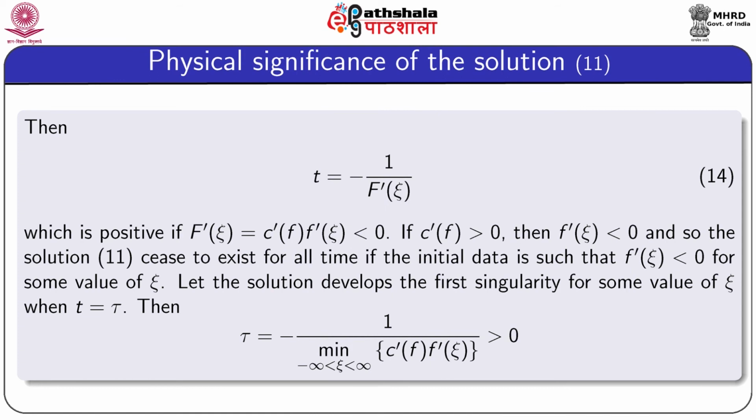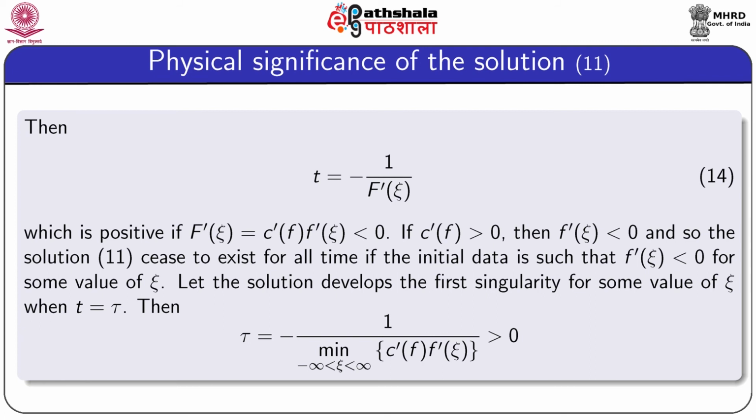Now, the above condition being satisfied means t must be equal to minus 1 divided by f dash xi. Since t represents the time variable, it cannot be negative. Therefore, f dash xi must be negative.